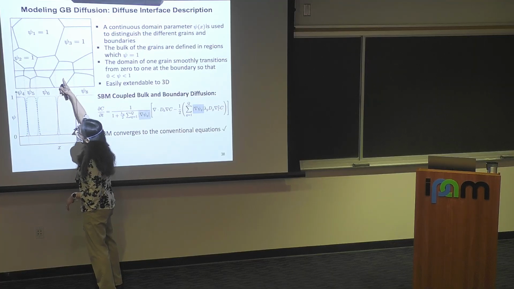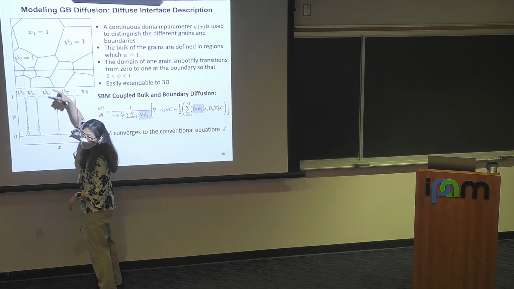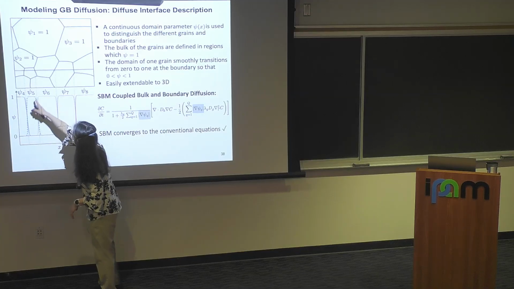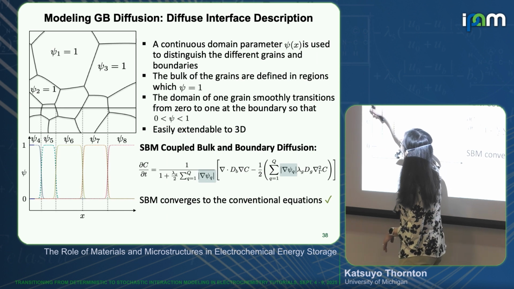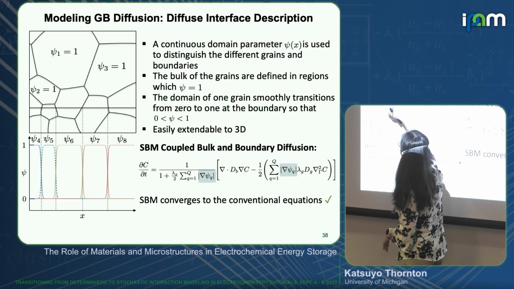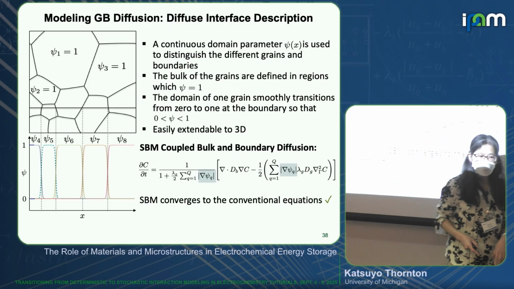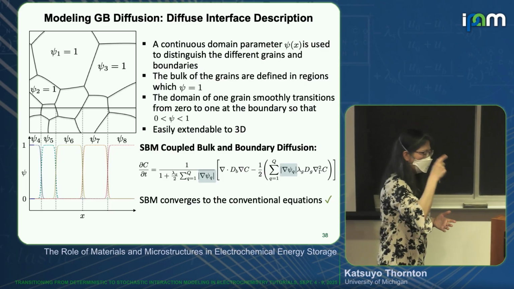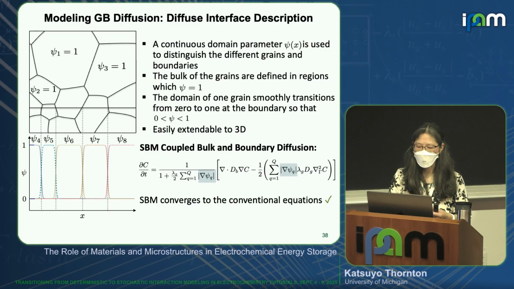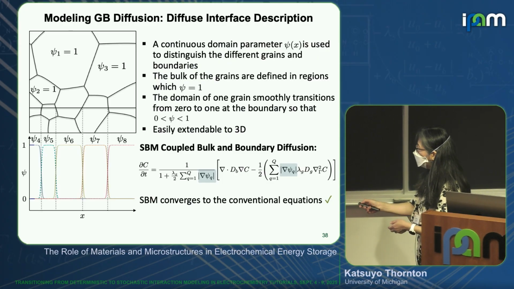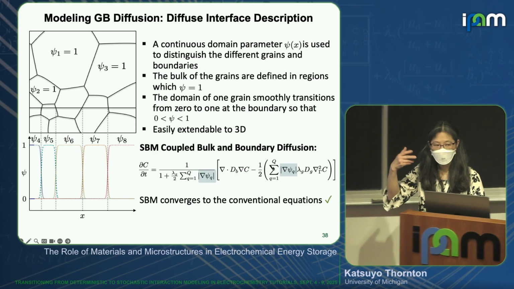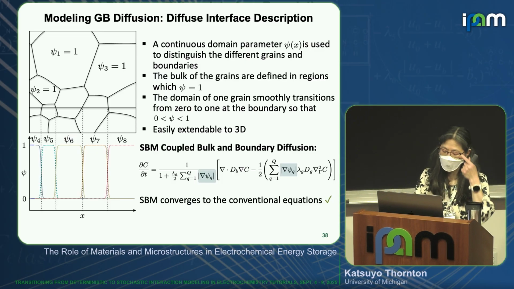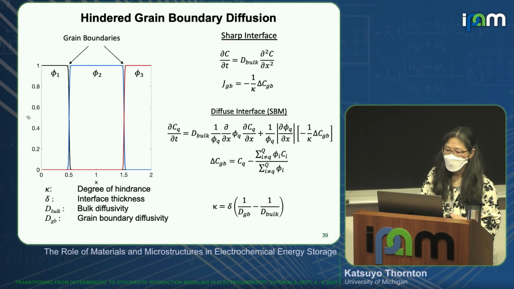Another order parameter would be 1 in a specific grain and 0 outside, etc. So if you cut across here, the profile of the order parameter looks like this for grain 4, or the order parameter 4, 5 looks like this, etc. And then you have this smooth transition region that allows us to take the gradient of the order parameter, and basically it allows us to mark those regions.